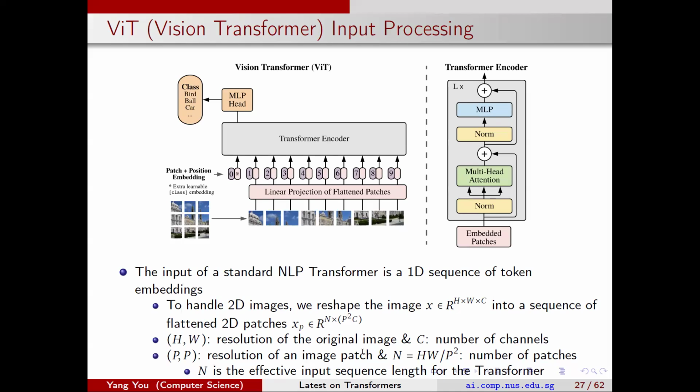N is H times W over P squared, the number of patches. The number of patches is also the sequence length, right? How many patches we have is how many tokens we have, and that's the sequence length.